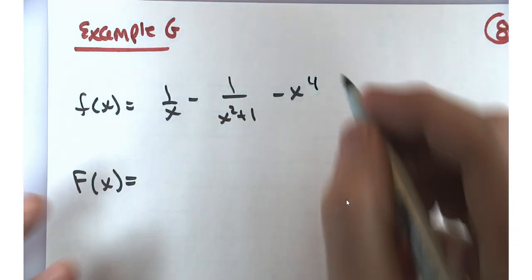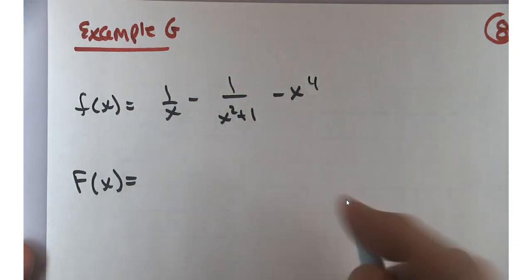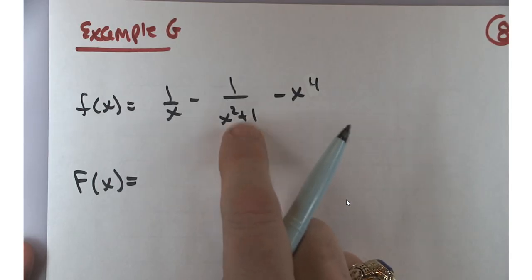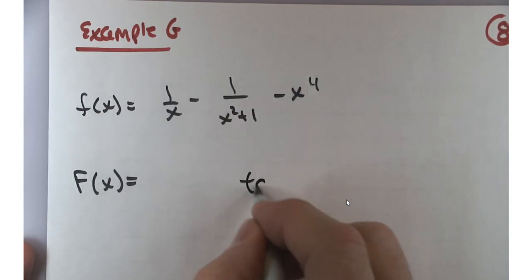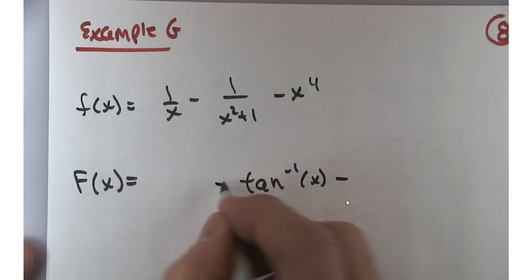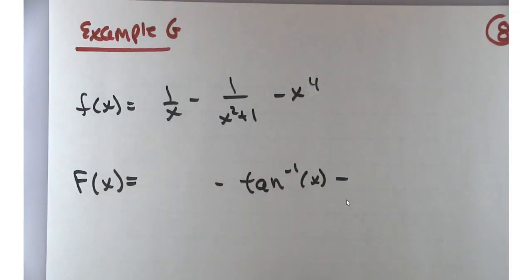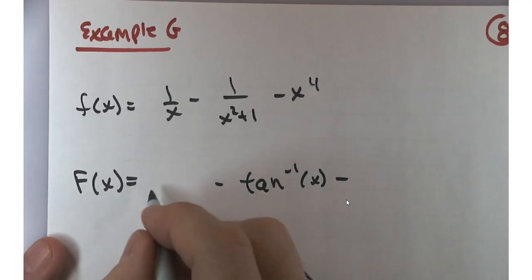So in terms of the antiderivative, let me help you out with this middle term. What you differentiate to get this is the tangent inverse of x. But what I'm counting on you for is these other two terms. What do you differentiate that gives you 1 over x? Laura? Isn't it the natural log of x? Yeah, nice. Natural log of x.